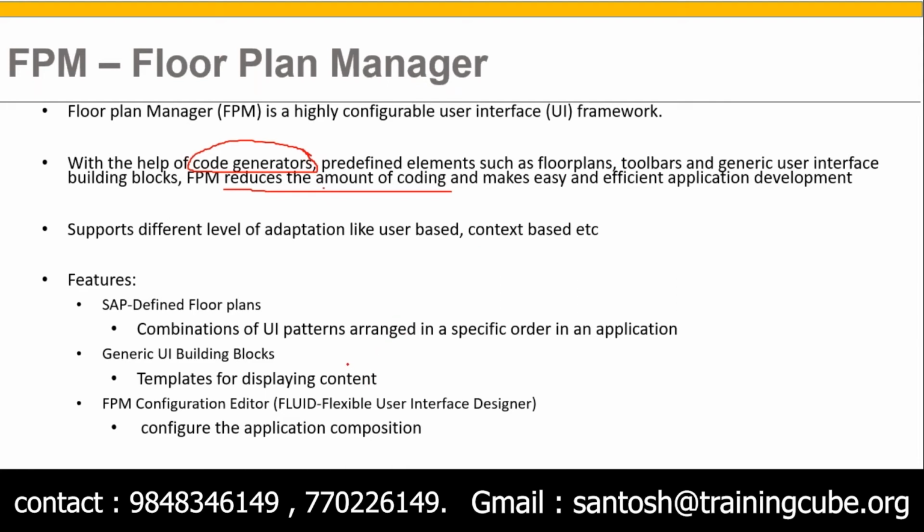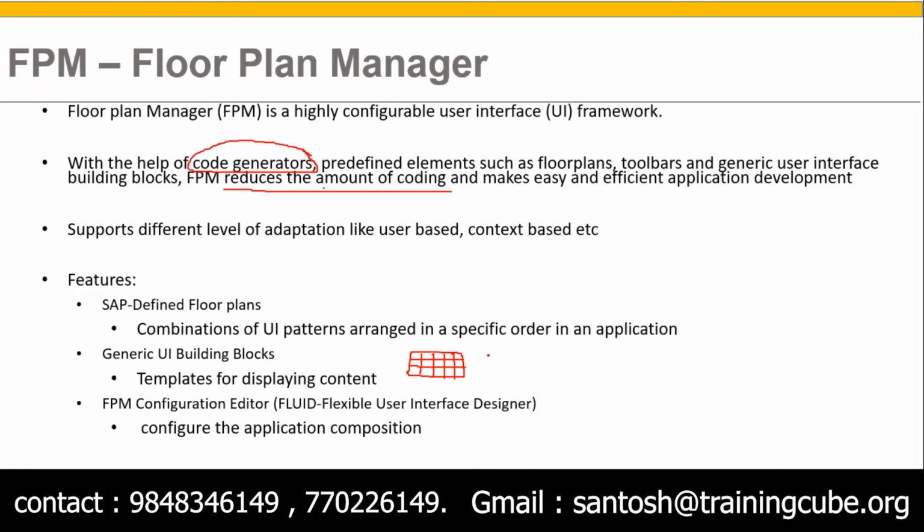So in FPM high level, we have three things. A combination of UI patterns arranged in a specific order is defined by a floor plan. And GUIBs, generic user interface building blocks. This is used to display the content. A GUIB is for table, to display the data in a table.